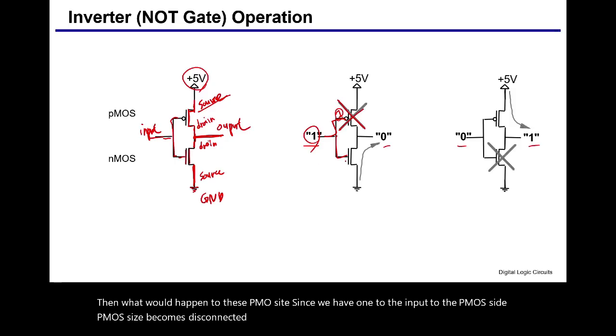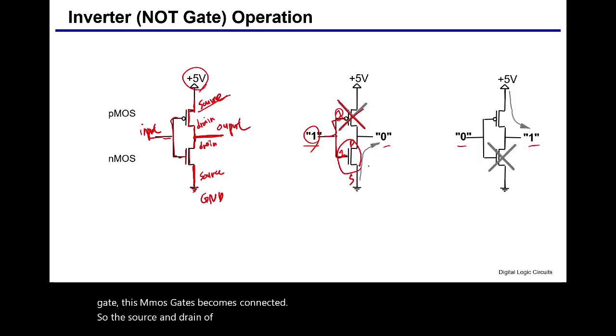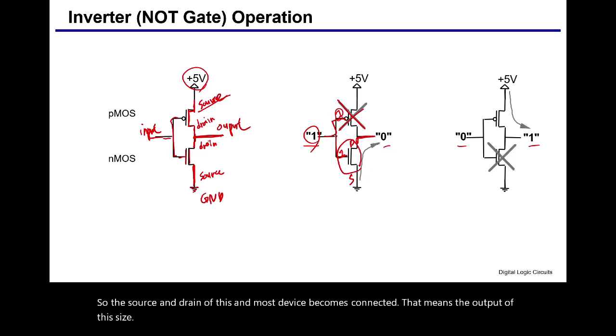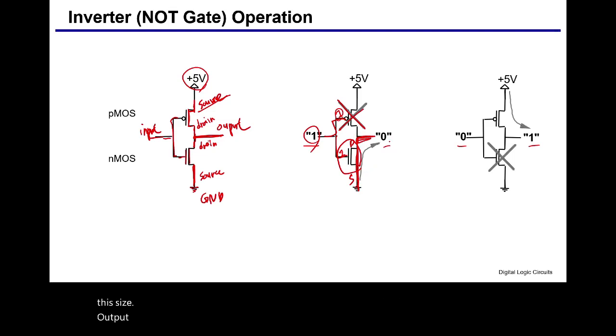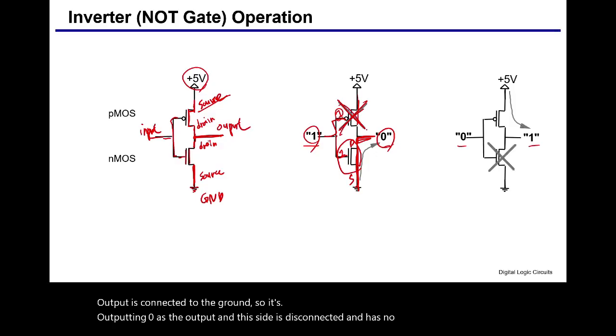And for the NMOS side, since we have 1 in the NMOS gate, this NMOS device becomes connected. So the source and drain of this NMOS device become connected. That means the output of this side is connected to the ground. So it's outputting 0 as the output. And this side is disconnected and has no impact on the output.